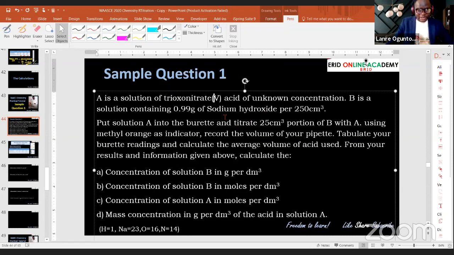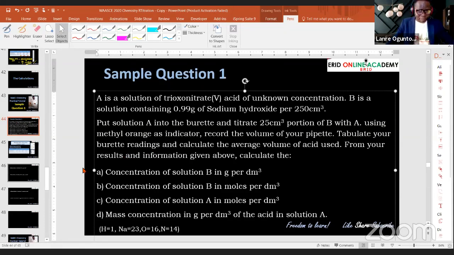That's the first statement there. Then they said put solution A into the buret and titrate 25 cm3 portion of B with A, using methyl orange as indicator. Record the volume of your pipette, tabulate your buret readings, and calculate the average volume of acid used from your result and information given above.